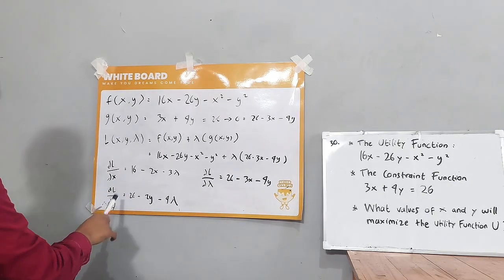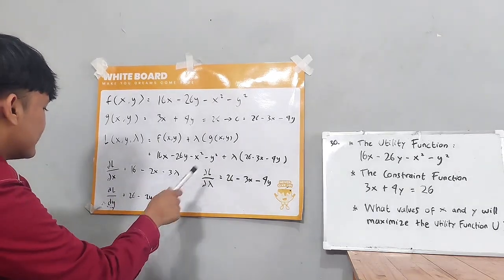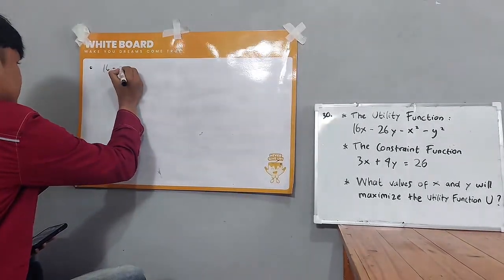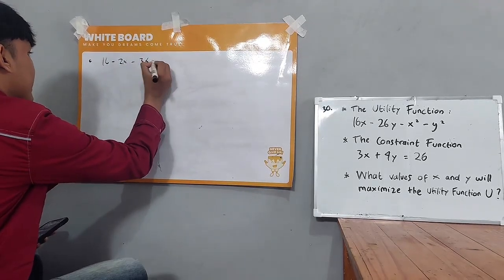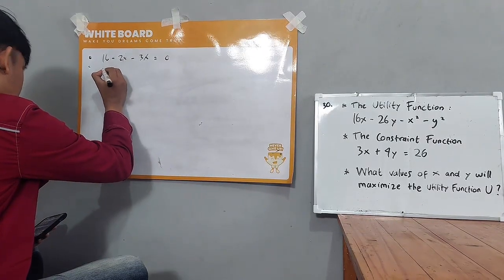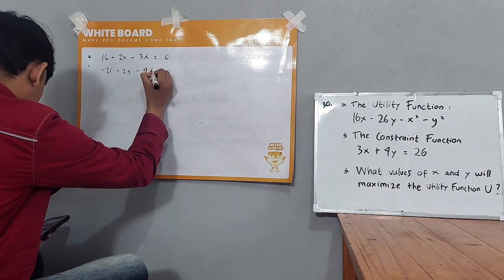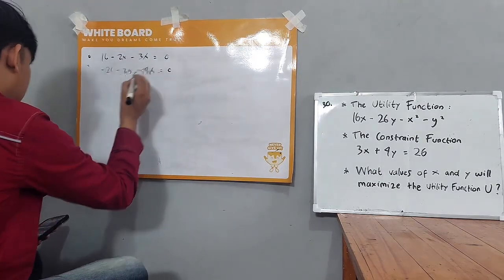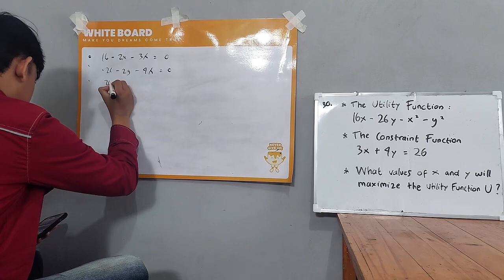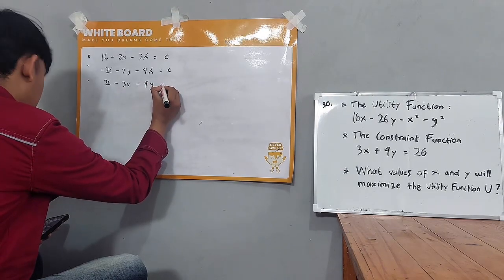From these partial derivatives, we set the three derivatives to 0. 16 minus 2x minus 3 lambda equals 0. 26 minus 2y minus 4 lambda equals 0, and 26 minus 3x minus 4y equals 0.